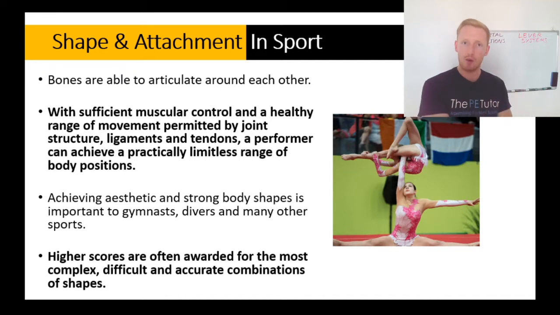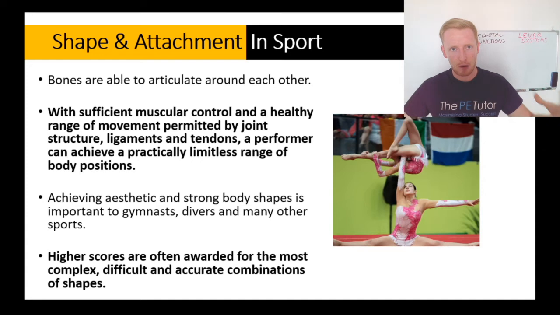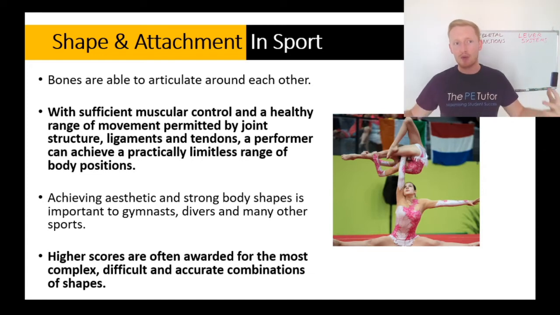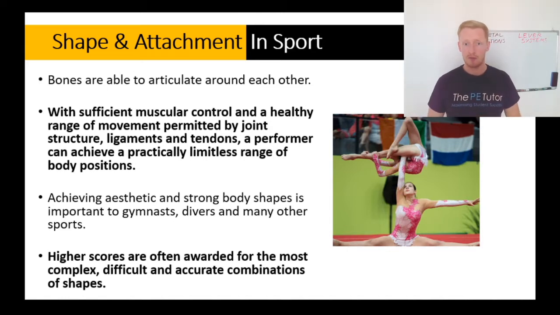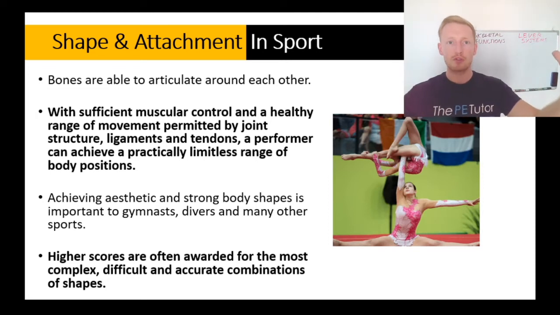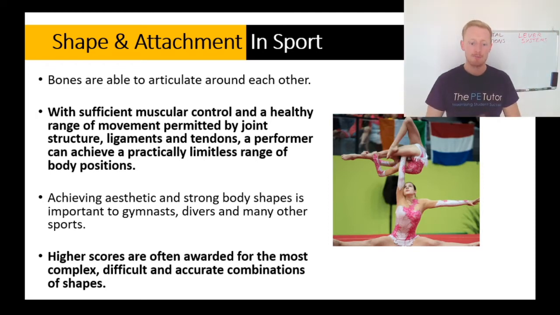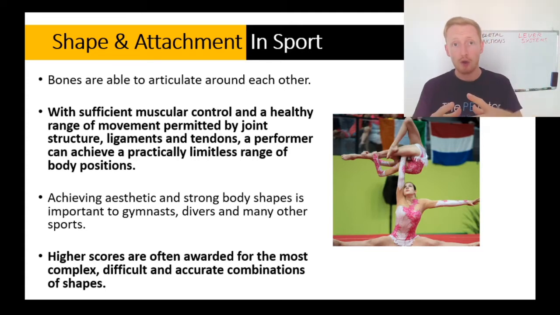How do we do that? Well, we need to control the muscles. We need to make sure that they are flexible, that they are pliable, and we train our body for bone and muscle to work together so that we can produce the shapes that we need for our sports. So this example here, the gymnasts, a large part of aesthetic sports or performance sports, ice skating, dance, rhythmic gymnastics, they rely on aesthetics.